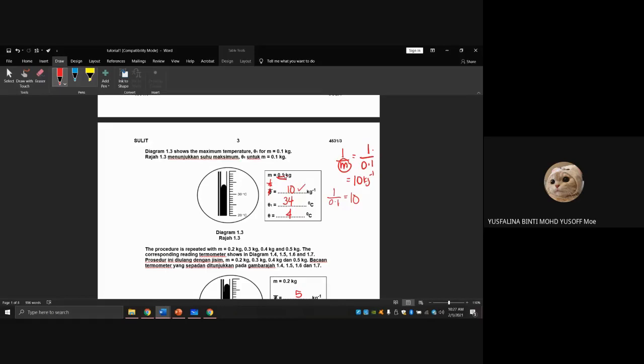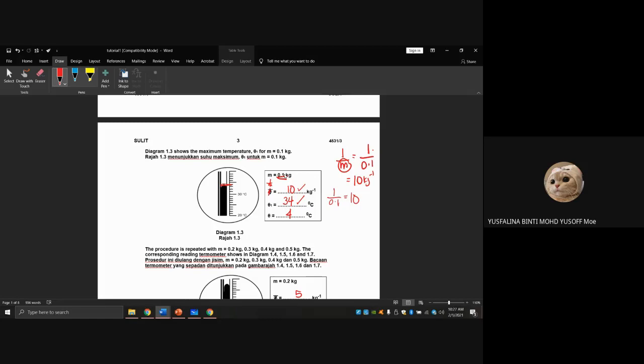Alright. So how about theta 1? Theta 1 is the maximum temperature, so you have to read from the diagram here. Here you can see it is 34, right? 30, 31, 32, 33, 34. So theta 1 is 34. How about theta? Theta is actually the change of temperature.